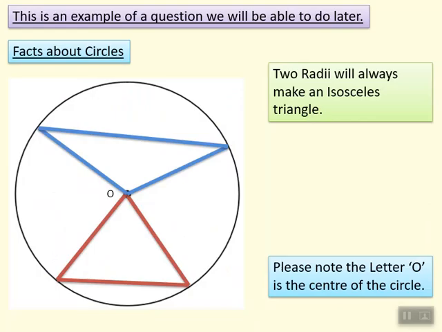Okay, so first of all, this is more of a fact, really, rather than a theorem. I really shouldn't muddle my words, but this is not one of the official circle theorems. This is something you should really know in general. If you have a circle and you draw 2 radii, remember radii means more than one radius line, it's the plural.